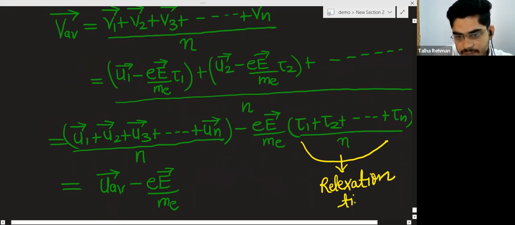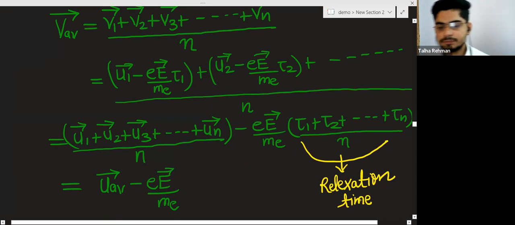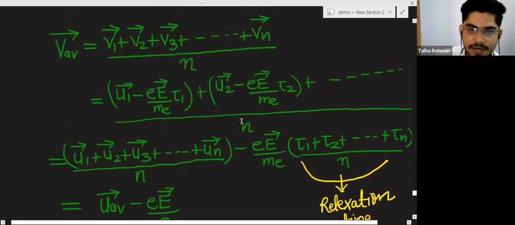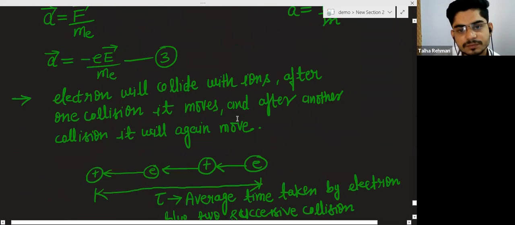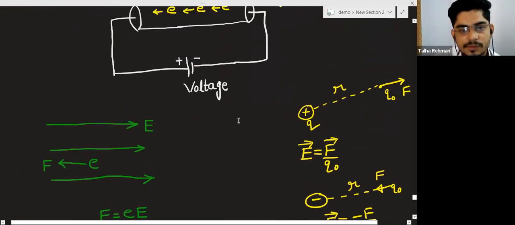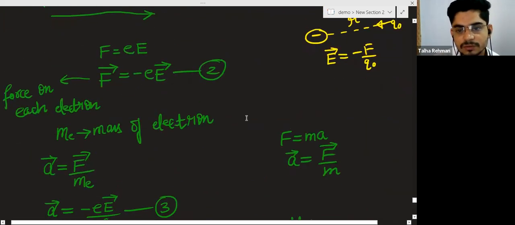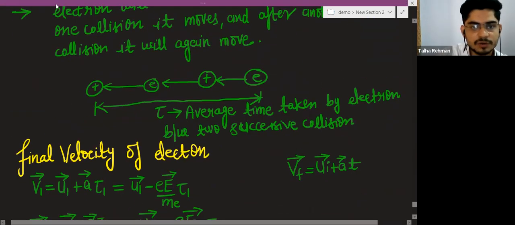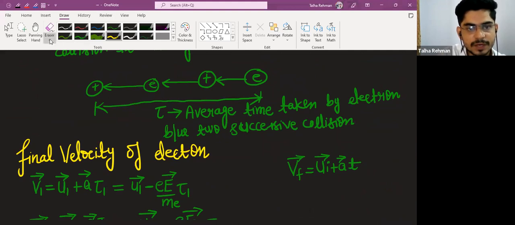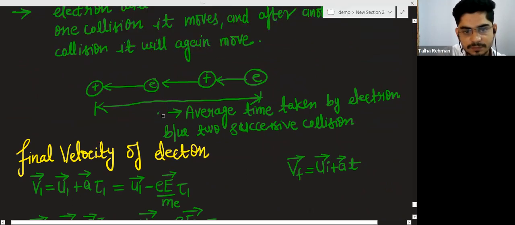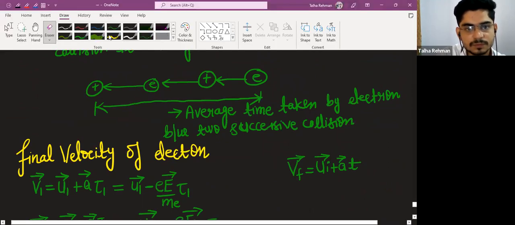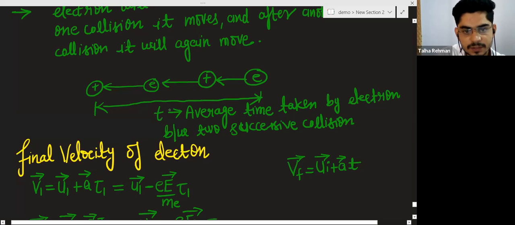I am writing it with tau. We have already used tau, so I am not using tau here. Here I am taking t. Tau is something different. This is t. I am taking this as t.